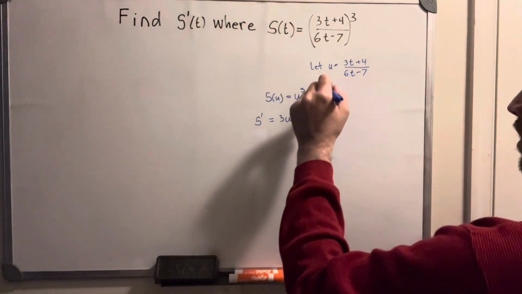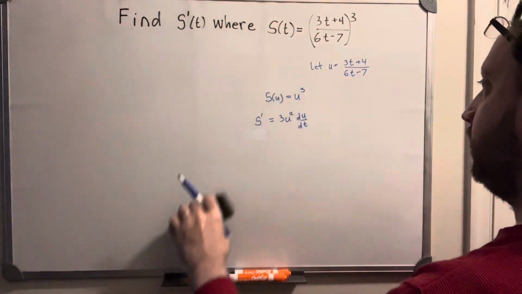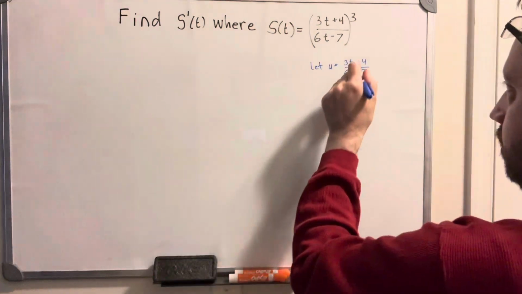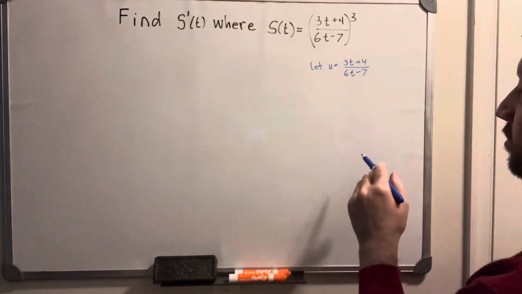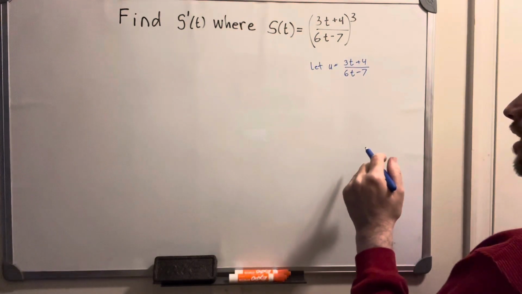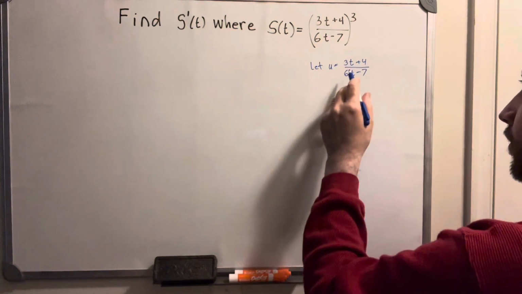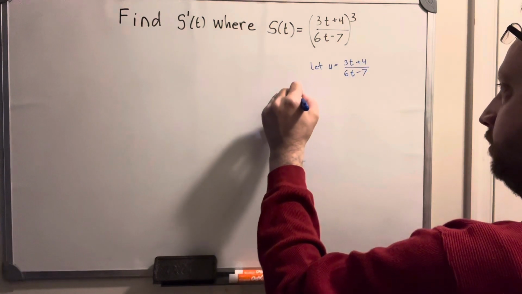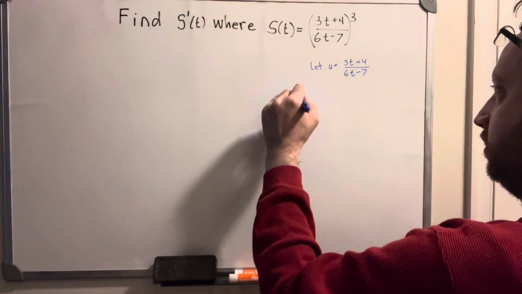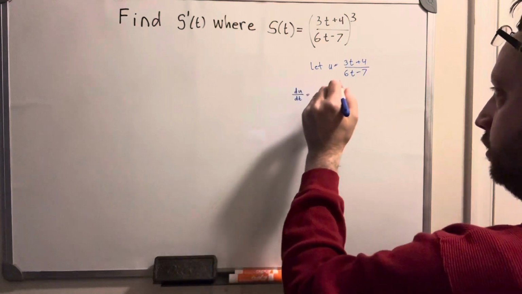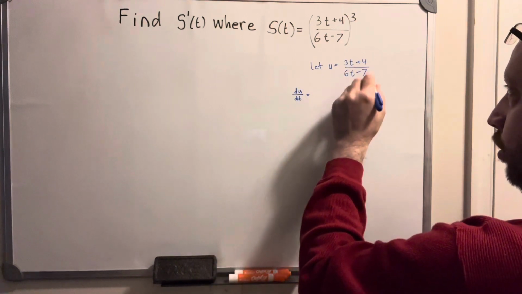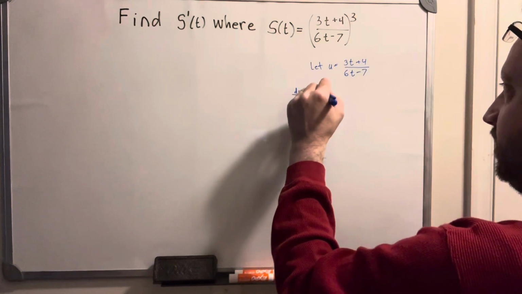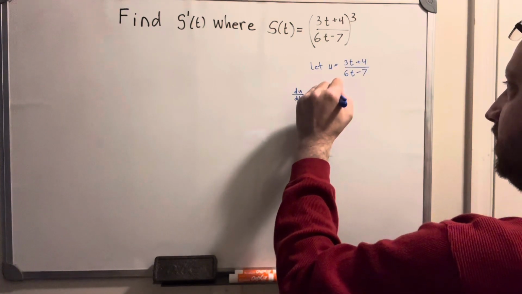But let's figure out du dt first. At this point, what would you do? Is there any worthwhile substitution to make? Personally, I would just use the quotient rule and solve this directly. Remember, the quotient rule is low times the derivative of the high, so 6t minus 7.